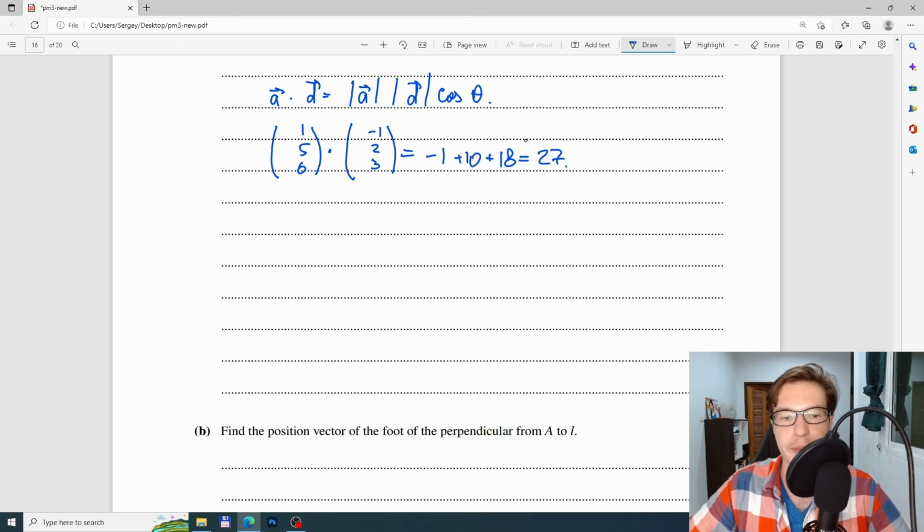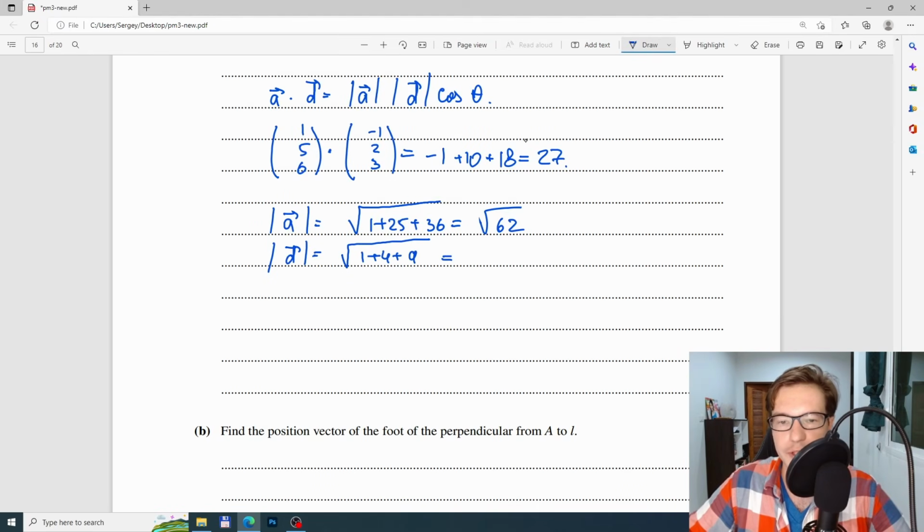Okay, so now the magnitude of A is going to be the square root of 1 plus 25 plus 36, which is the square root of 62. And the magnitude of D is the square root of 1 plus 4 plus 9, which is the square root of 14.